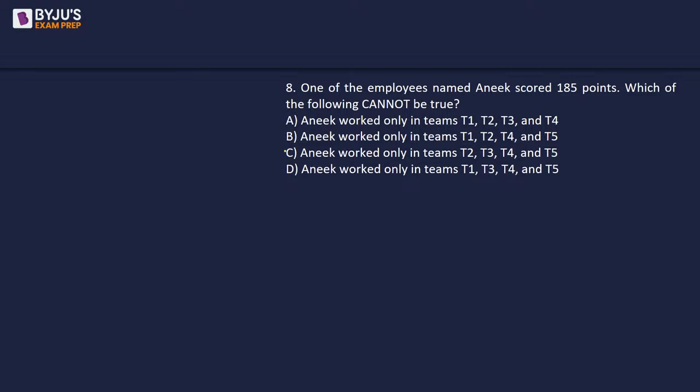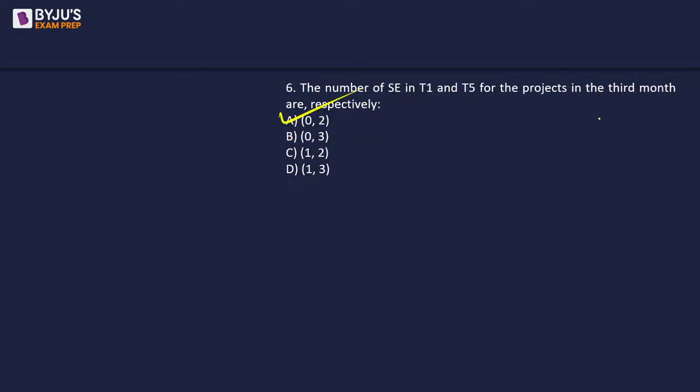Anik worked only in teams T1, T2, T3 and T4. Chalo, we will have to check via the options. Let's look at the first option. Can Anik get 185 points if he worked only in teams T1, T2, T3 and T4?